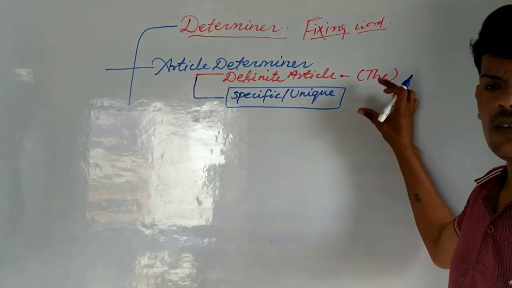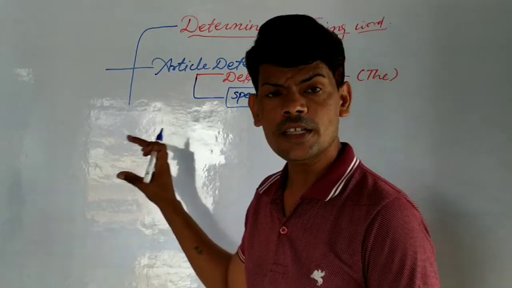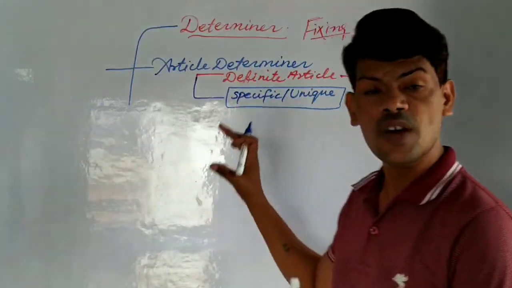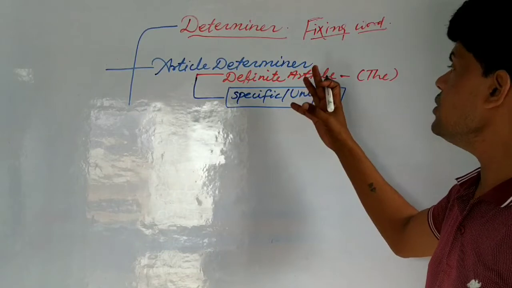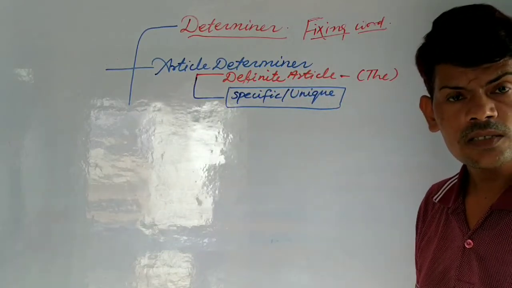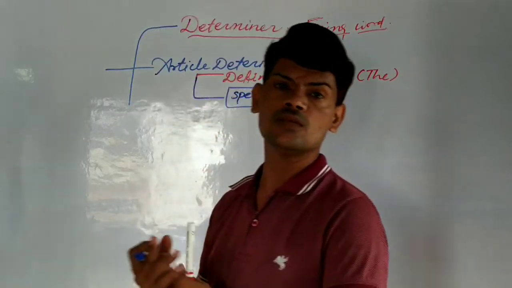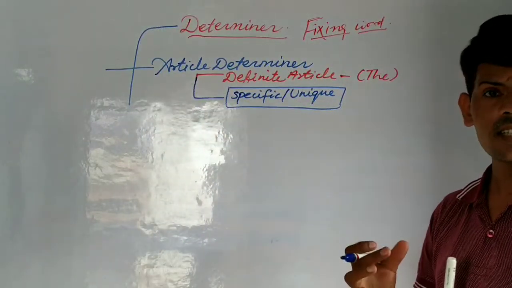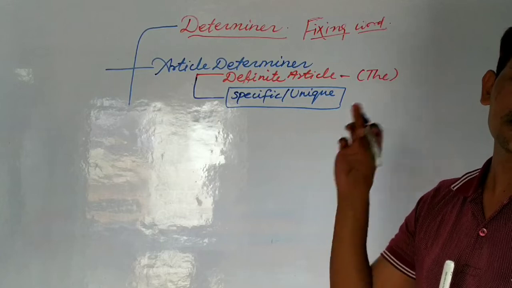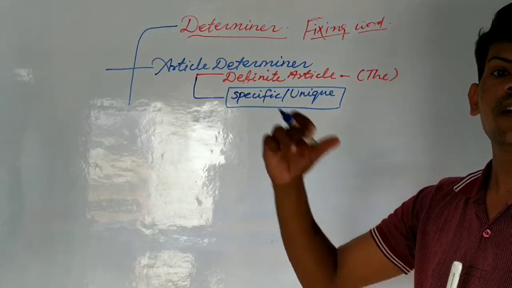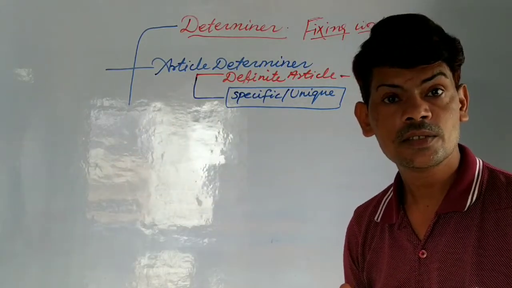Definite article is always used before the words which are unique or specific. We can use definite article before common nouns, but the condition is that the respective word must be defined just after that. Okay?